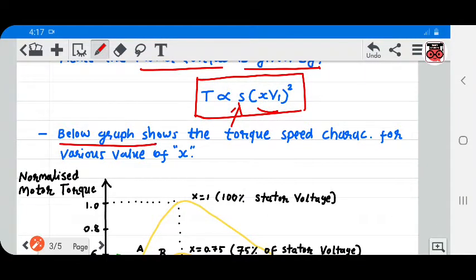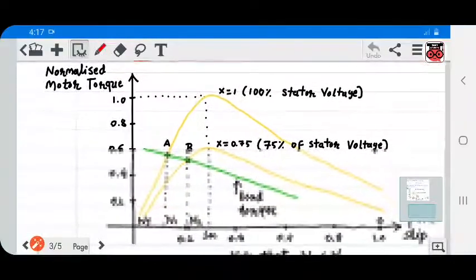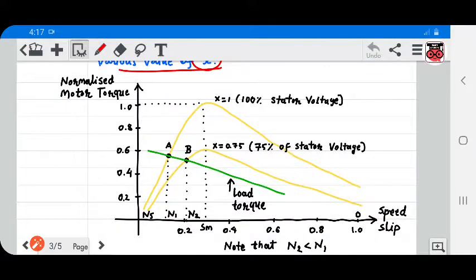The graph below shows the torque speed characteristic for different values of X. This graph indicates the torque versus speed and slip characteristic. In that, you can see the different stator voltages. The first is X equal to 1.